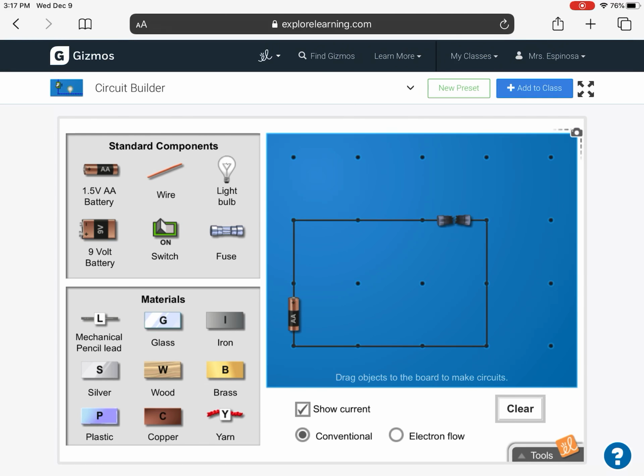What happened here with our little fuse, you see that the fuse broke. That's because the current was so great that the fuse busted, which basically stopped or broke the circuit. So we open the circuit, the electrons no longer flow through that circuit.